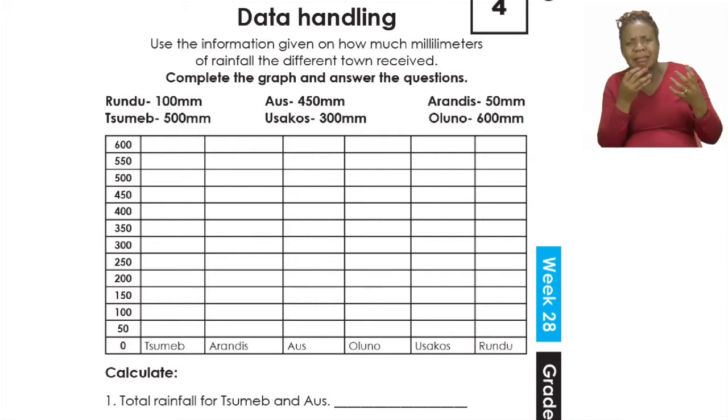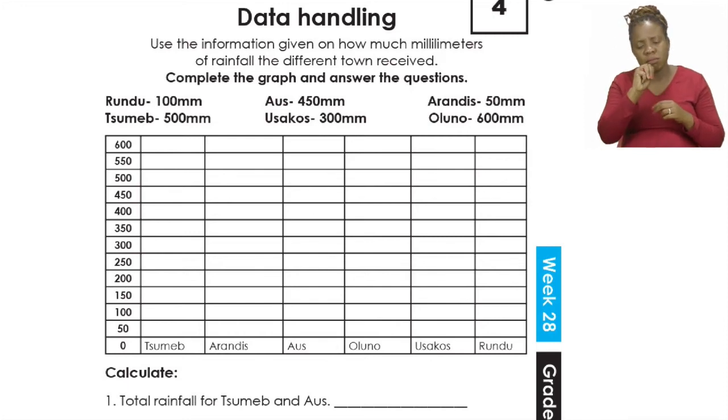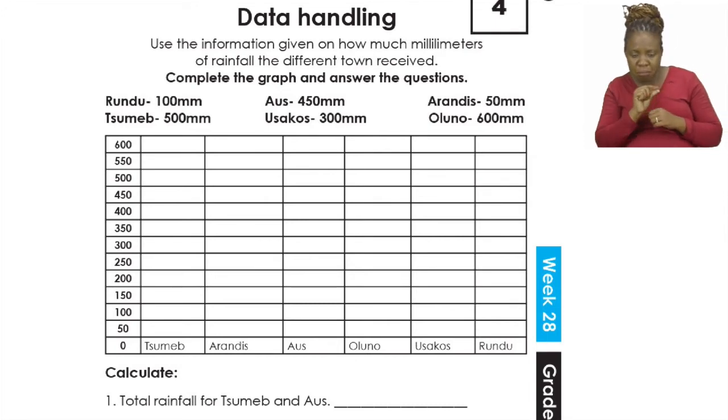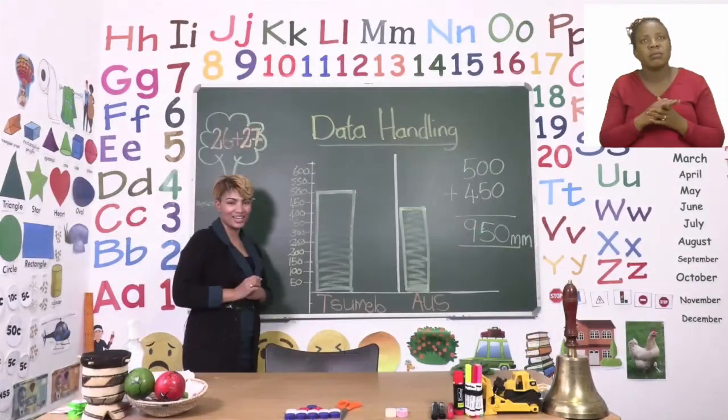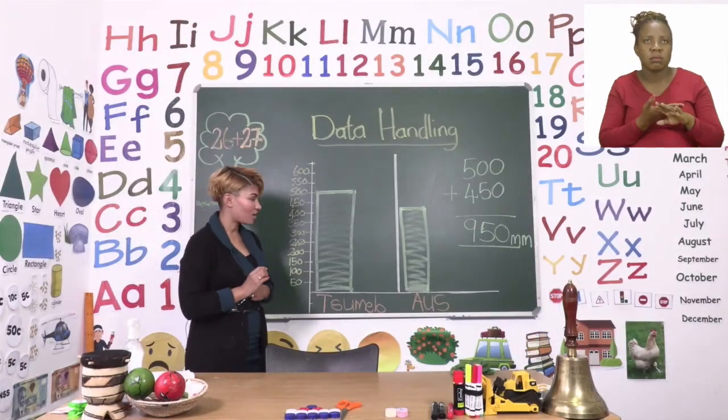Right. Now, I want you to go ahead and label all the towns. Meaning you have to complete the graph by putting in or maybe coloring in the amount of rain received by each town. Now on the board, I made an example of how you can color in or complete the graphs.